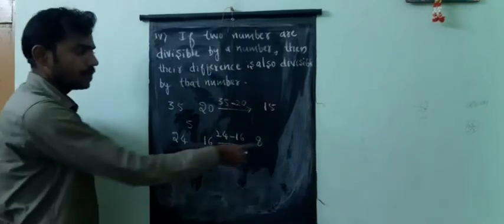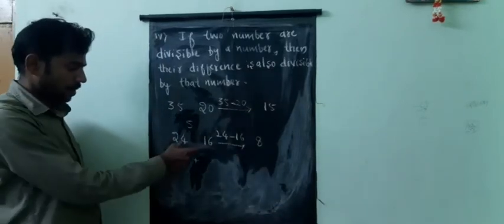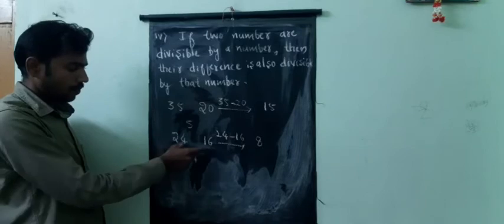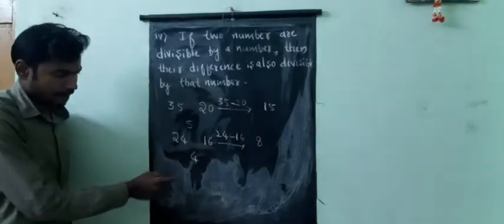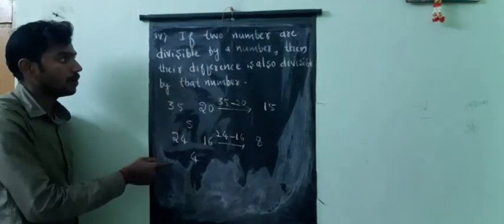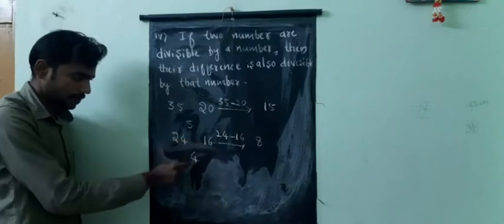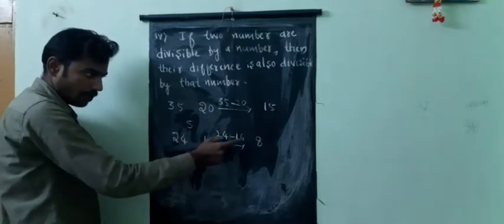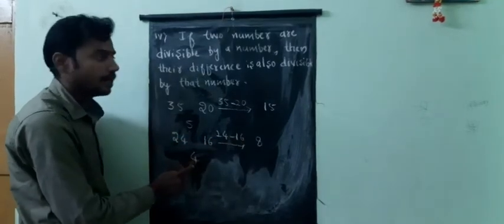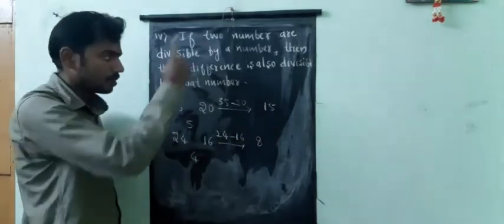So 4 2s are 8. Same thing: if two numbers are divisible by a number, then their difference is also divisible by that number. Please note this down.